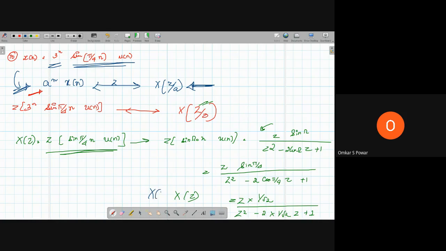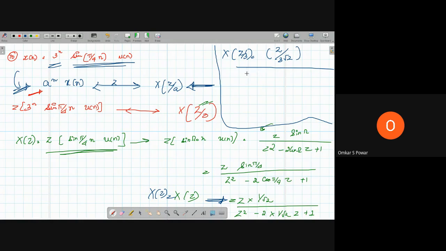This is X of z, whatever we have got here. What we want is X of z by 3, so replace z by 3. What you will get: z by 3 root 2 divided by (z by 3) the whole square minus 2 into 1 by root 2 into z by 3 plus 1.